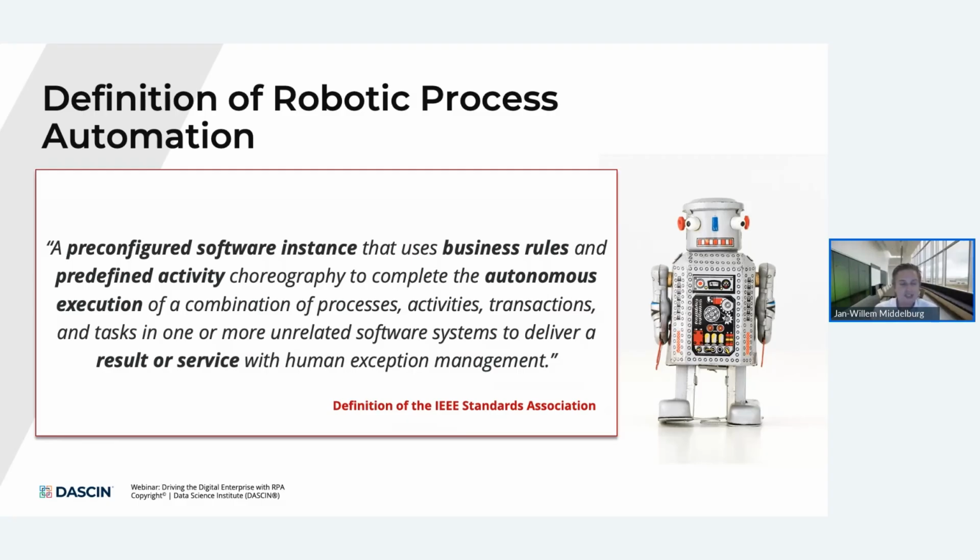Now, last but not least, I also would like to turn your attention to the words unrelated software systems. And that means that you can think about RPA as a layer across your existing application landscape that can interact with all of the other applications that your organization is using. And this is important because it means you don't need to make complex integrations. You don't need to change any of your underlying business applications.